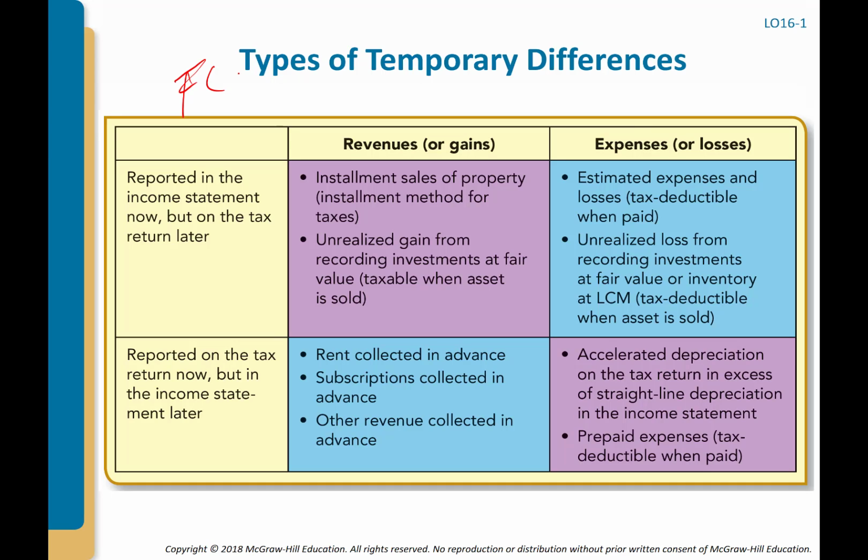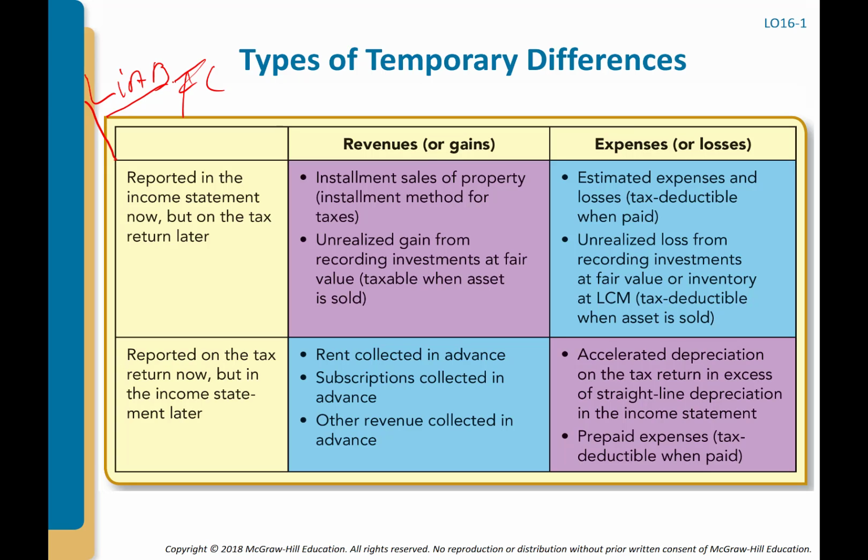Items that are reported in the income statement now, but on the tax return later. If it's reported on the income statement now, but on the tax return later, is that going to be a deferred tax liability or asset? That's a liability, because we're going to report it on the tax return later, right? And have to pay that tax, okay?